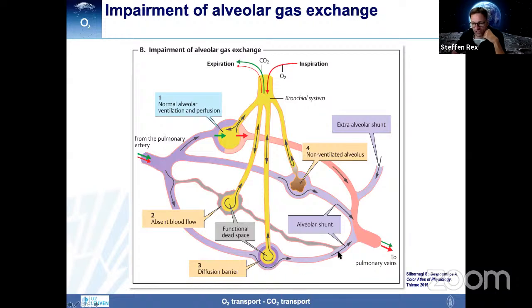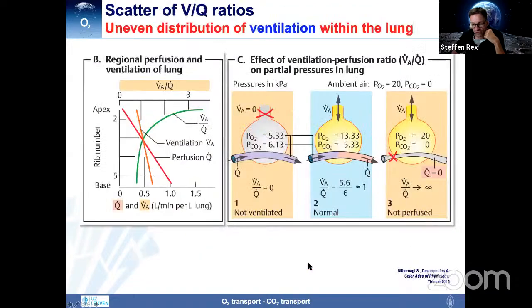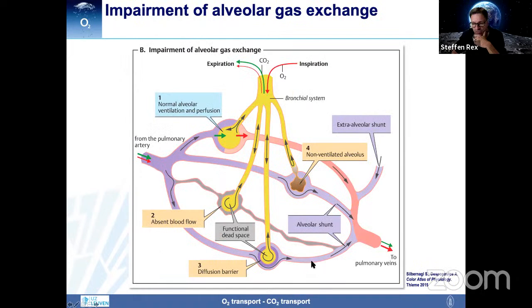This causes alveolar shunt because deoxygenated blood passes these non-ventilated areas, or areas where no gas exchange takes place due to a diffusion barrier. They pass these lung areas, so that all the deoxygenated blood gets into the arterial blood: right-left shunting. And then we also have extra-alveolar shunts, which I will describe later. And then we have also lung areas with absent blood flow, where there's dead space. So a lot of different pathomechanisms exist next to each other.